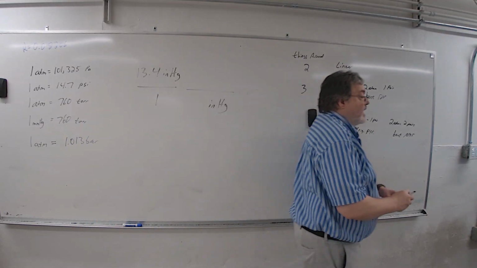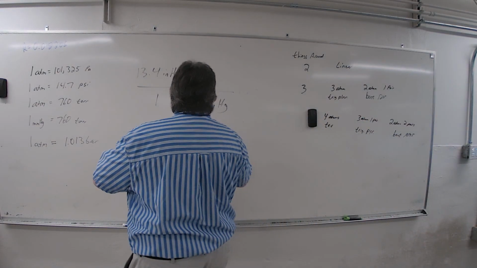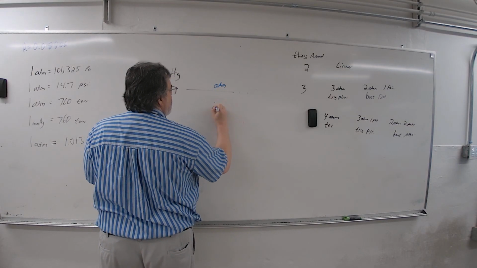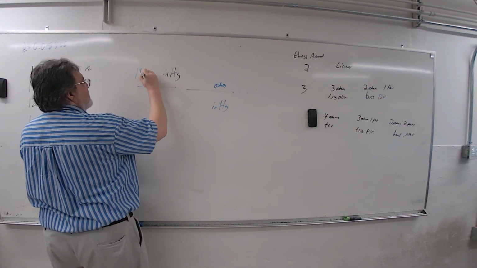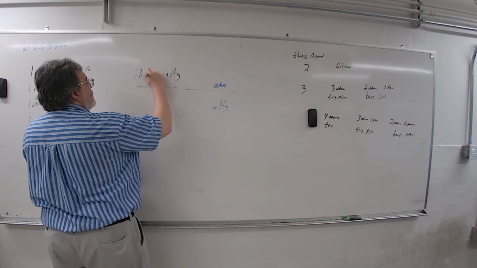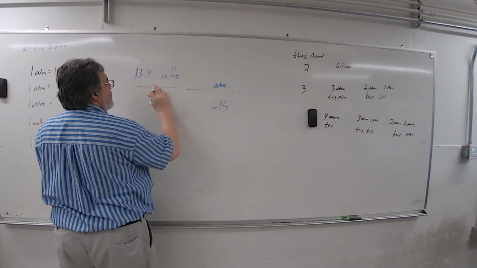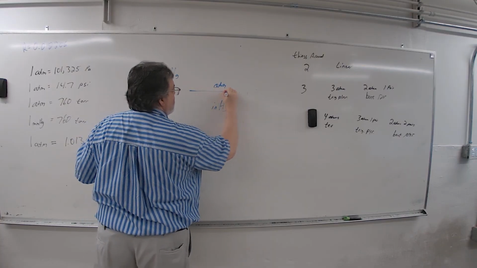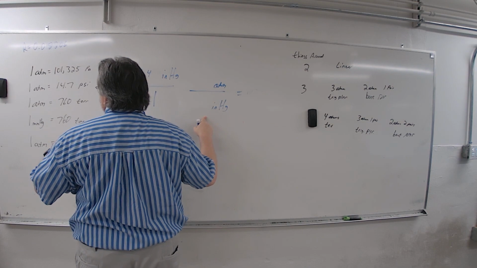Do all these say conversion to atmospheres? 13.4 is what's given in the problem, in inches of mercury. So what you're looking for is atmospheres to inches of mercury.